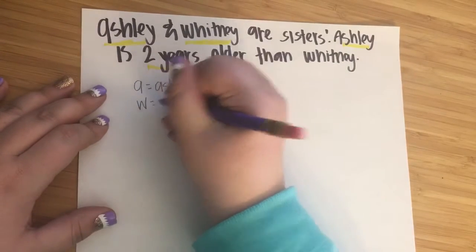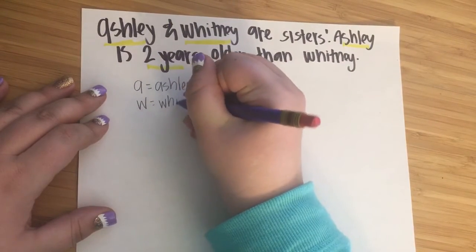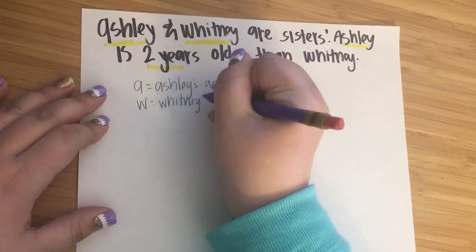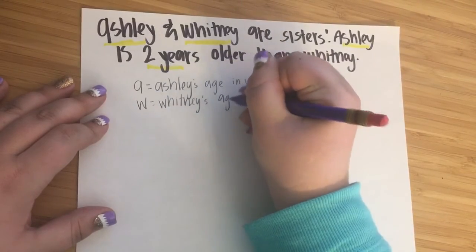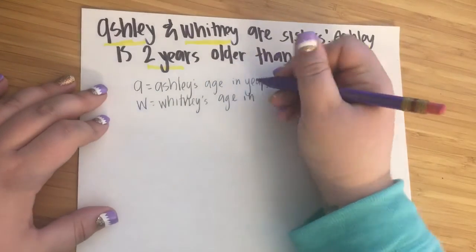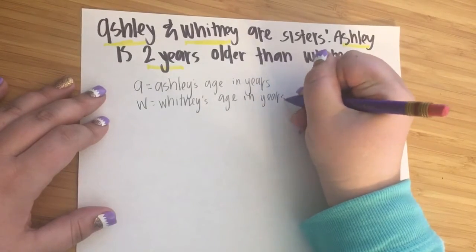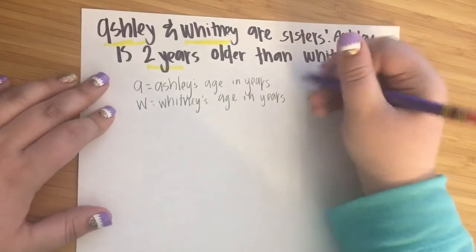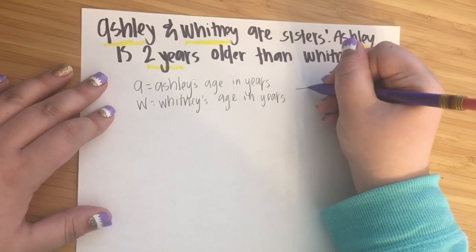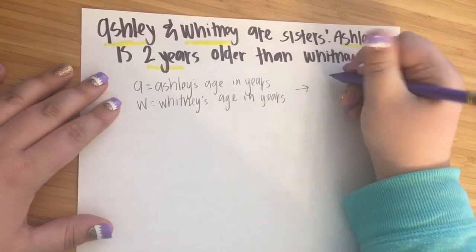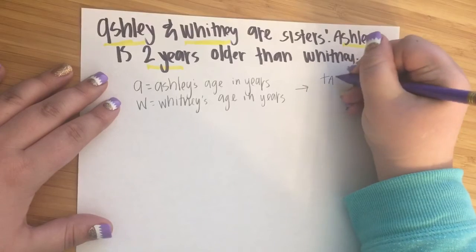W will obviously be Whitney's age in years. These are the same. We're both doing years. You'll see a lot of problems that maybe use liters or inches, and we'll get into other things in section 11. But in this case, we're just using years.